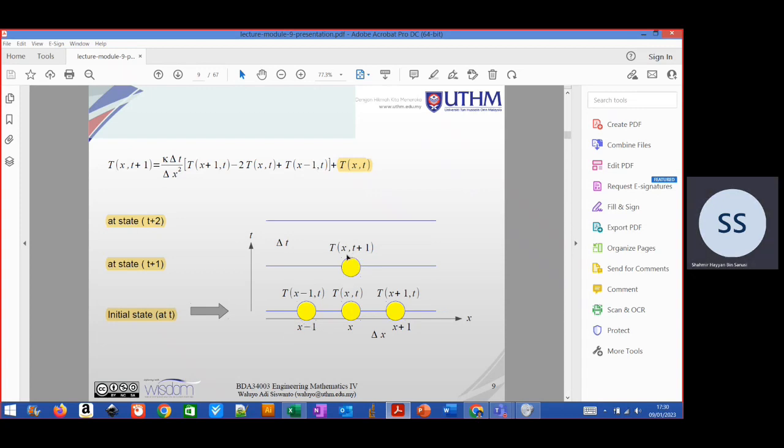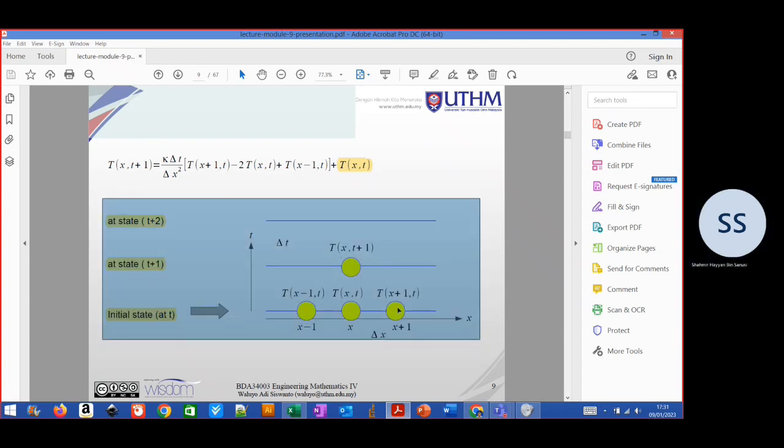So the temperature at x, where the time is t plus 1, is equal to this constant multiplied by this: T x plus 1, t, minus 2 this, plus this, and plus this. It's quite hard to obtain yet, but basically from the explicit finite difference equation, you can get this computational molecule.